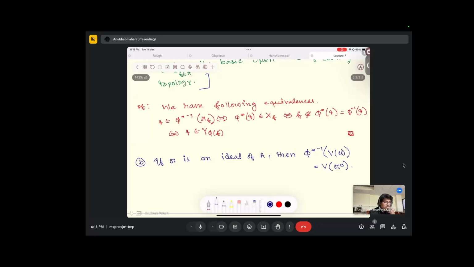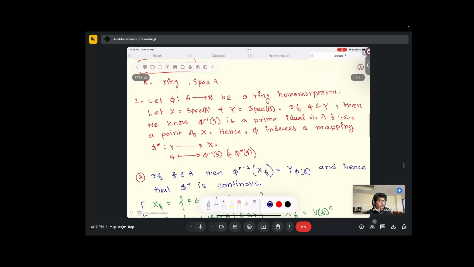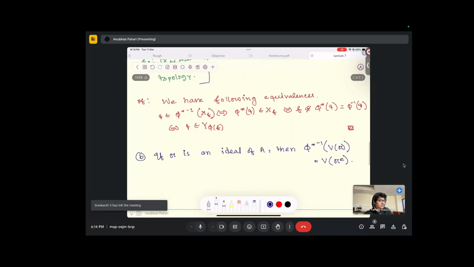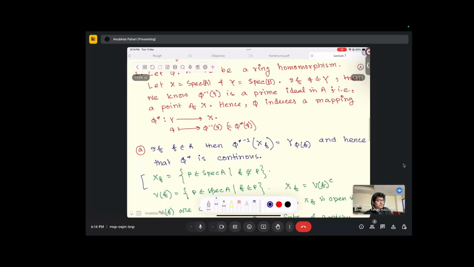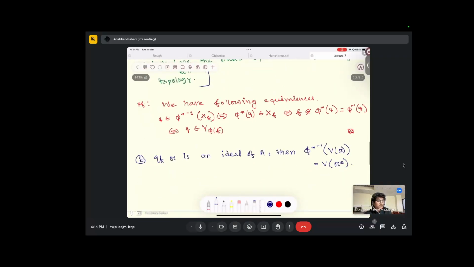This is quite an interesting one: you are seeing that the inverse image of a closed set is also closed. Here your X is Spec A, Y is Spec B, so there is a map from Y to X via this. So if you take a closed set, that is V(a), and take its inverse image, it should be V(a^e).